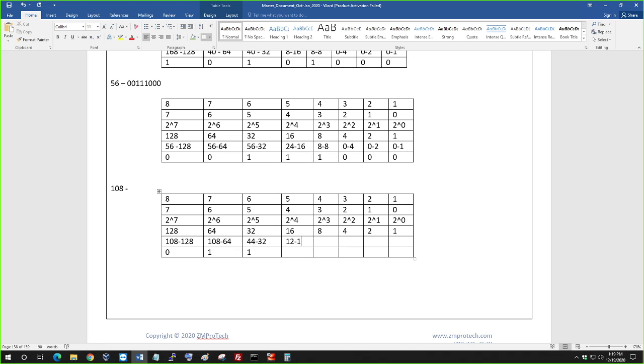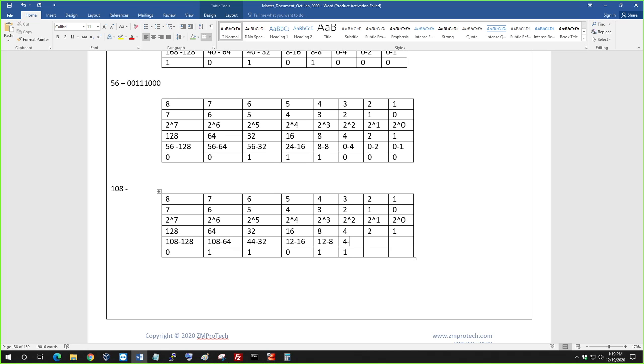So I cannot do 16 here, so this part will be 0. And this part will be 1, since 12 minus 8 is possible. How much is left is 4, so this part will be 1.